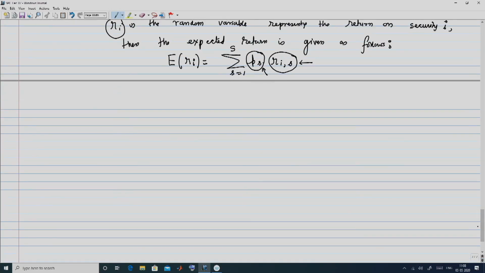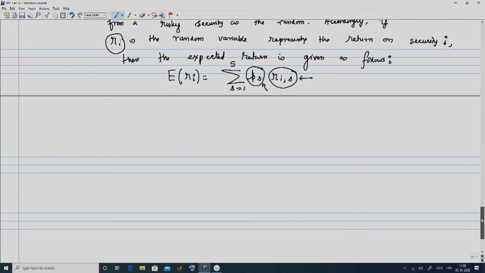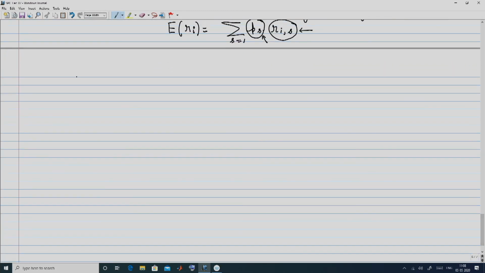So, here I have calculated the expected return. Once we have talked about expectation and the expected return of the security, we now move on to the next pillar of the Markowitz model, namely the risk.